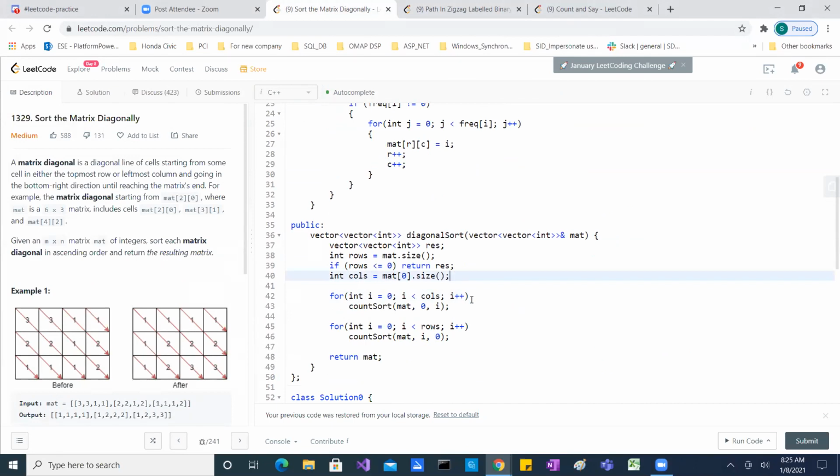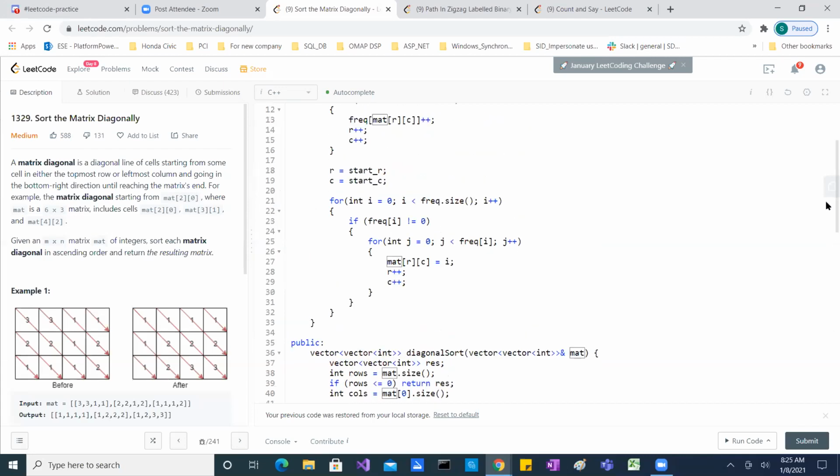So I'm going through the first row and then all the columns, then the remaining ones, starting from 1. Then I go for all the rows with the 0th column, and then do count sort for all. When I'm doing count sort, I'm actually filling back the values also. So this is the count sort.